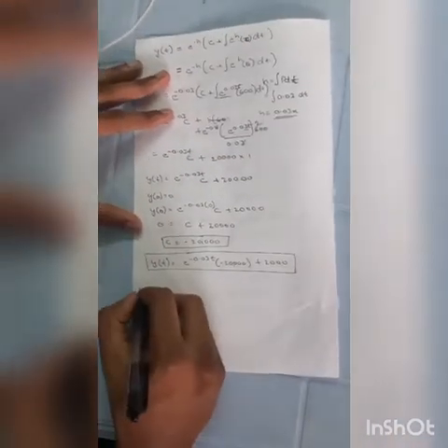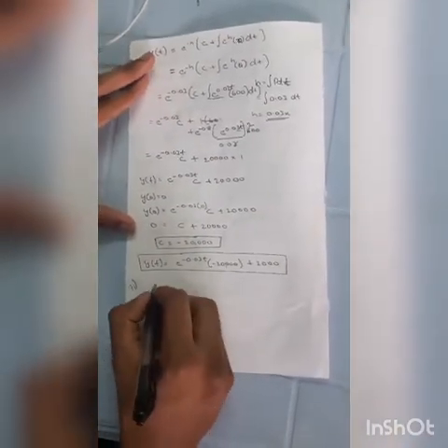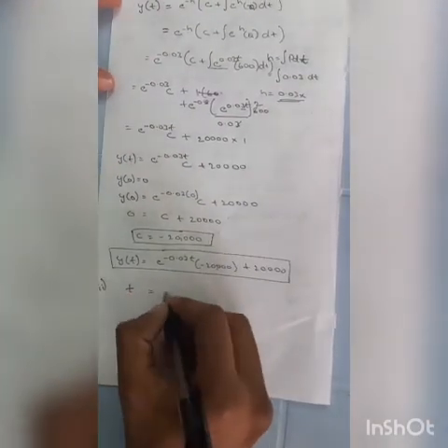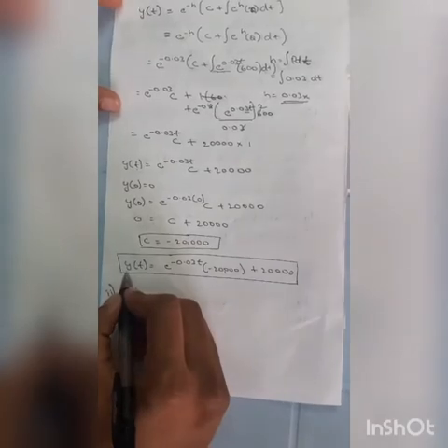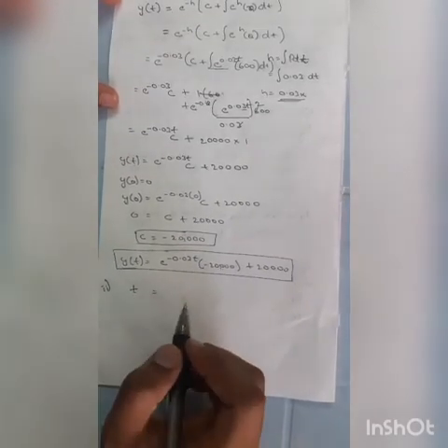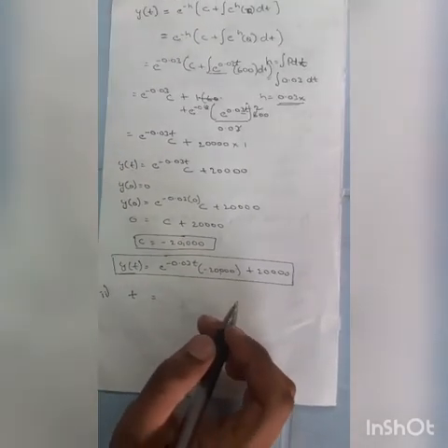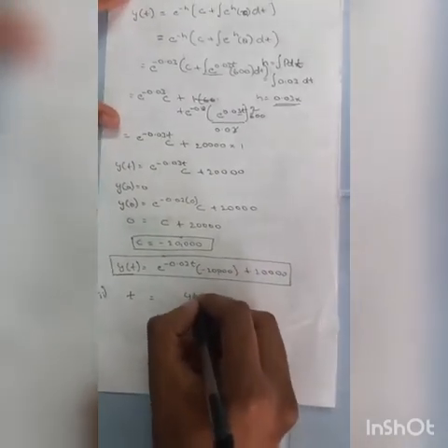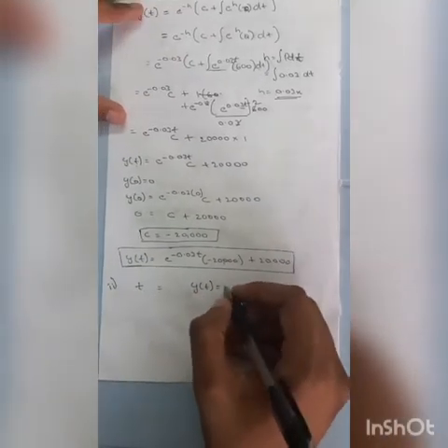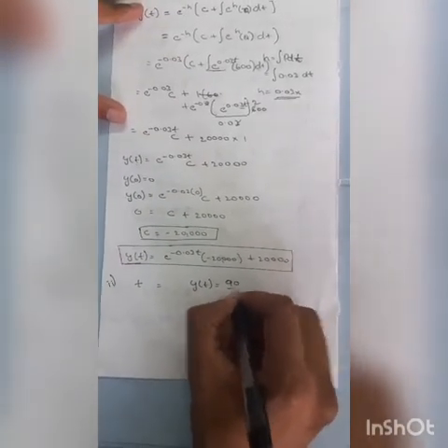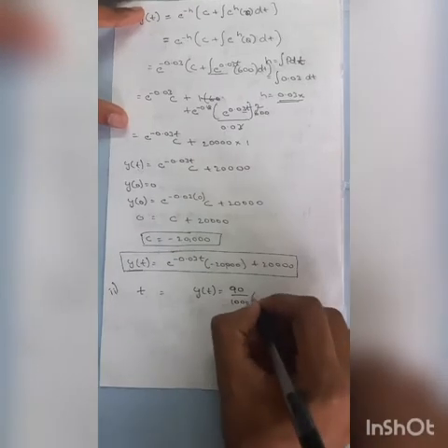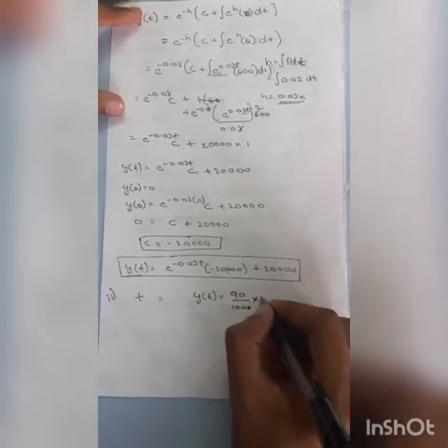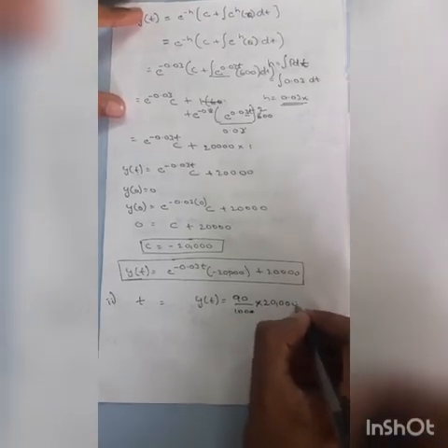Now we have to find the time t at which the percentage of fresh air should be 90%, that is y of t is equal to 90 by 100 of the volume in that room, which is 20,000.